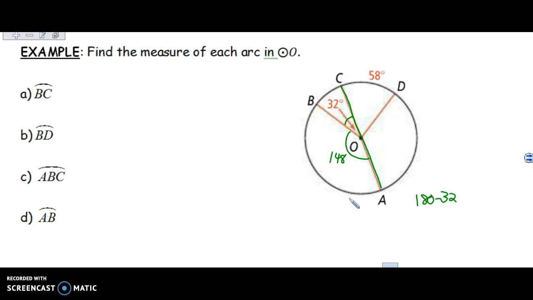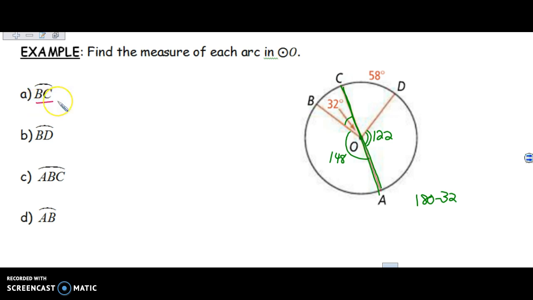Then we could also find this angle right here by doing the same thing on the other side. If we take 180 and subtract out the 58, we get 122. So it's like breaking up a pizza into different degrees, and we did that with our hexagons and octagons and stuff like that.